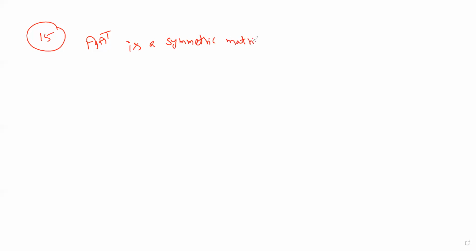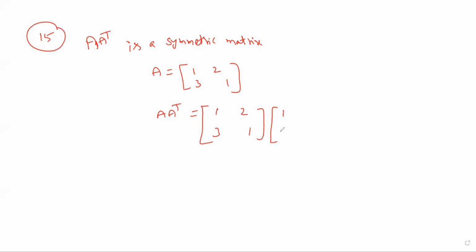Why is it a symmetric matrix? Now, for example, I take 1, 2, 3, 1. Now I'll multiply A into A transpose. Transpose, what will you get? 1, 2, 3, 1.